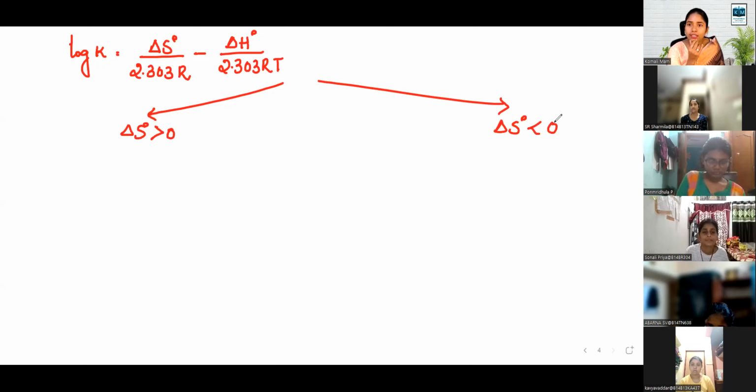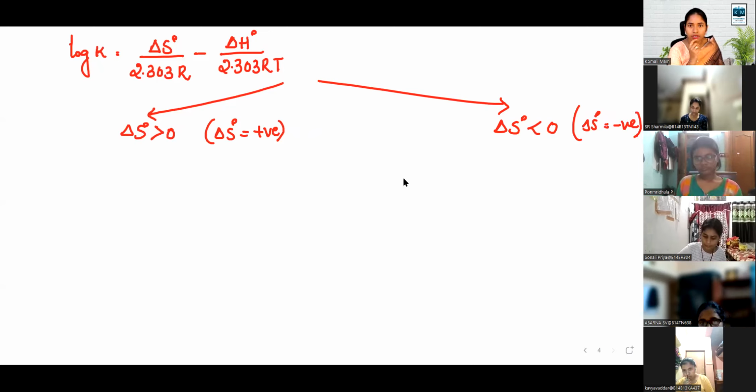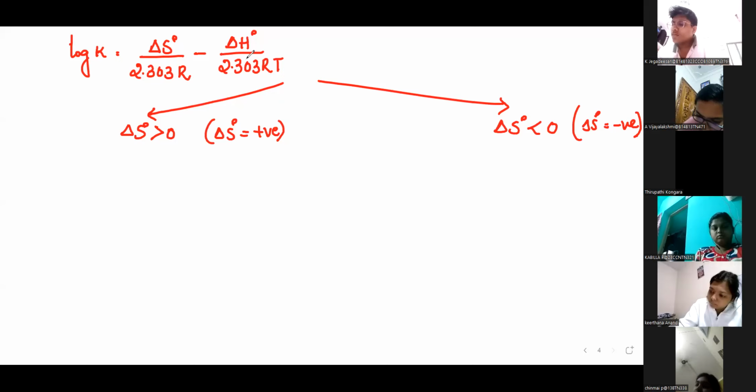Change in entropy is positive; delta S naught value is positive. Here delta S naught value is negative, less than 0. Everybody clear? Most important. First case, this value is positive; second case, this value is negative. Two cases: the change in entropy, delta S, can be positive or negative.